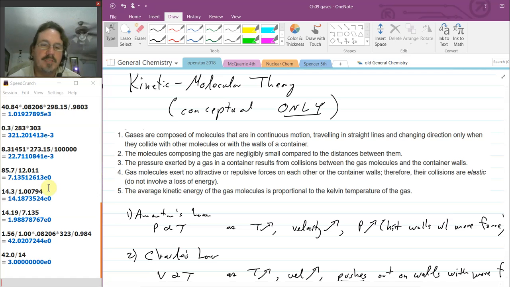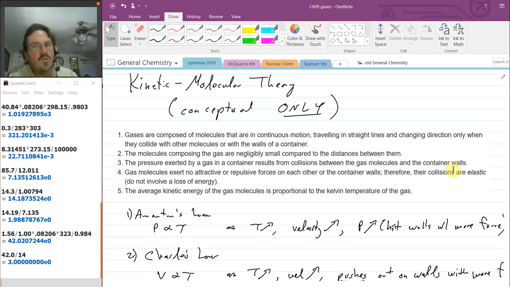Number 3 says the pressure exerted by a gas in the container results from collisions between the gas molecules and the container's walls. So what is pressure, in other words? They're giving you this molecular picture of it. These gas molecules are moving around, once in a while they bounce off each other, but they definitely hit the side of the wall. If I take a bowling ball or a billiard ball and throw it at the wall, it hits that wall and gives a force to the wall.